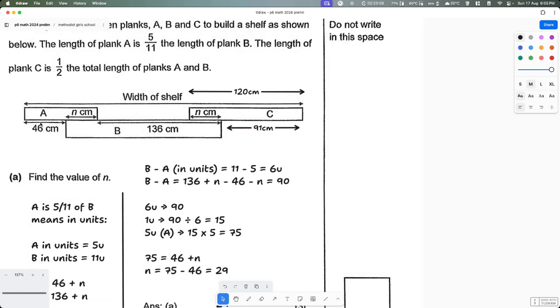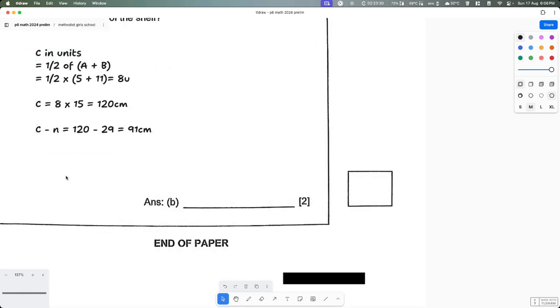All right, so for the total shelf length, we can add them up. So the width of the shelf is equal to 46 plus N plus 136 plus 91. So what's N?